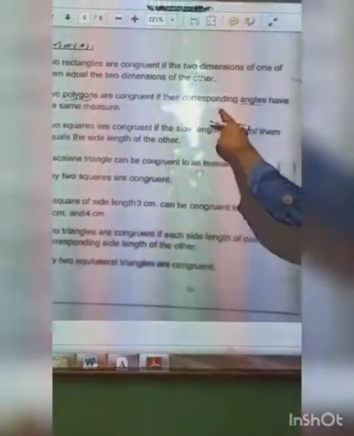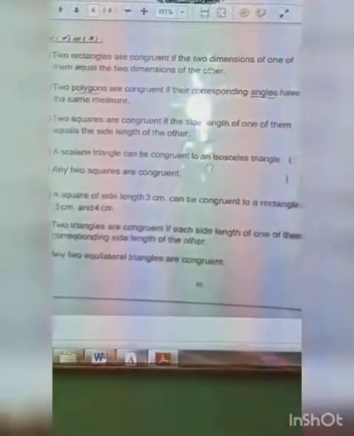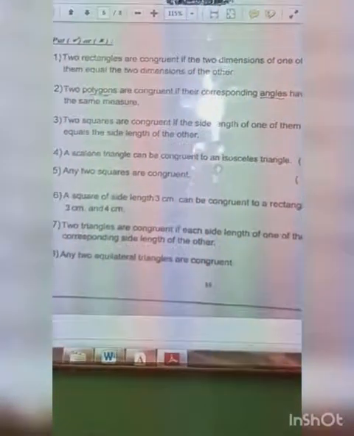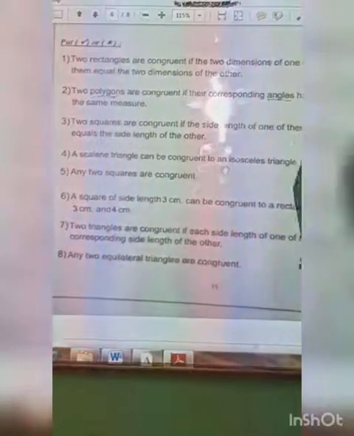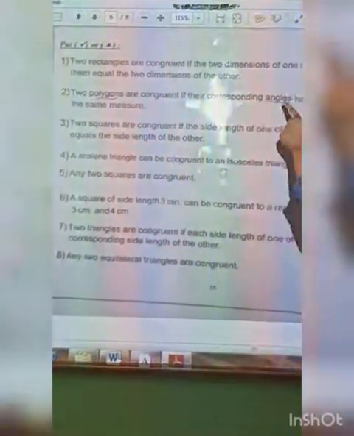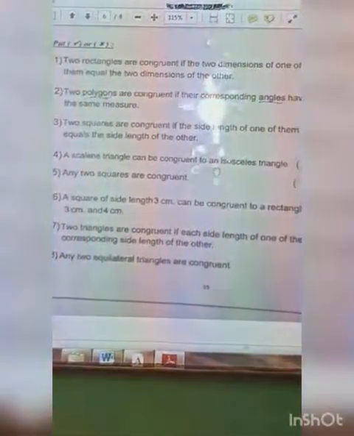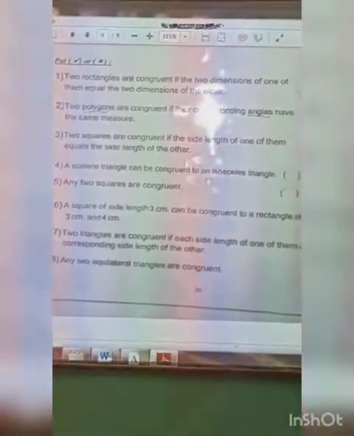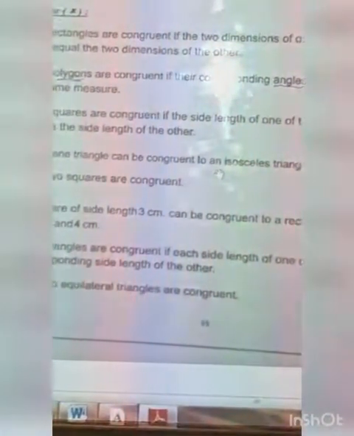In this question, I have only one condition. It's not enough. I should get the two conditions: the equality of the corresponding angles and the equality of the corresponding sides. So, it's wrong. I need the equality of sides.